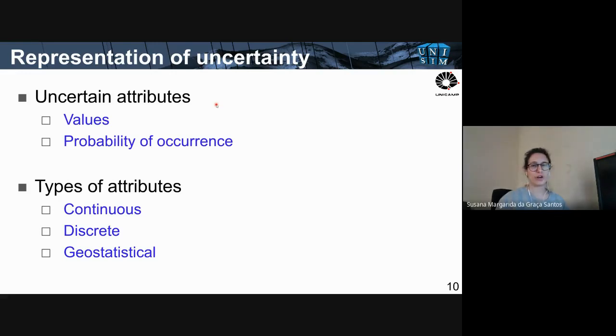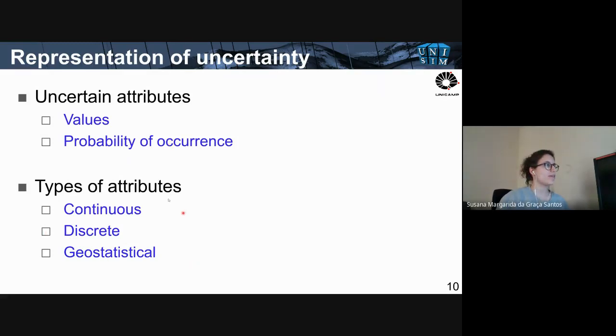So decision variables don't have probabilities of occurrence. We don't have a probability for well placement because it's subject to decisions. When you talk about uncertain attributes, we have probabilities because we don't know, but based on the knowledge we have, we say, this is the most likely value, this is the range, and this is the probability, the shape of the probability curve.